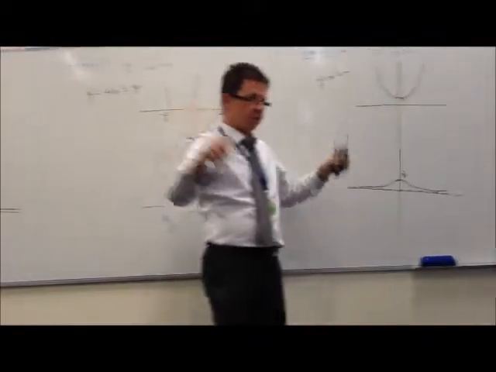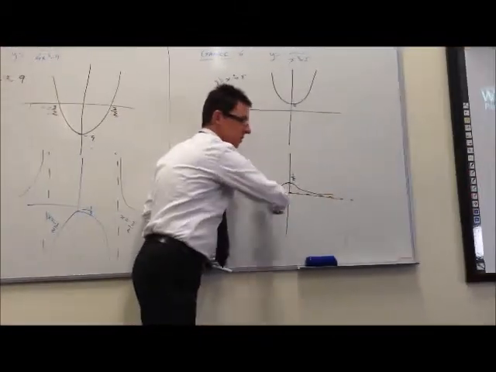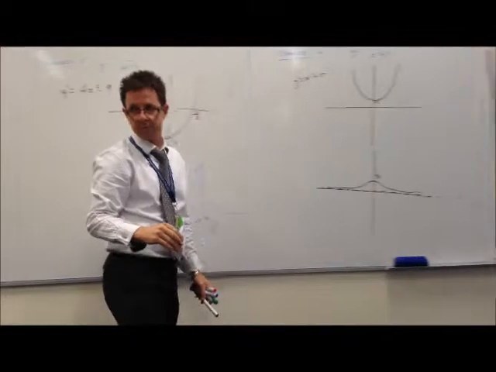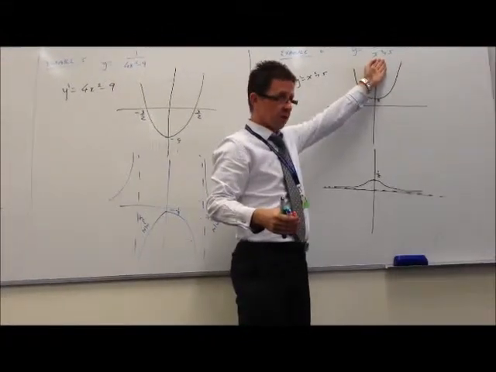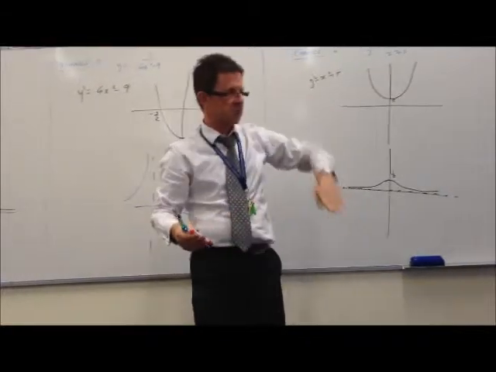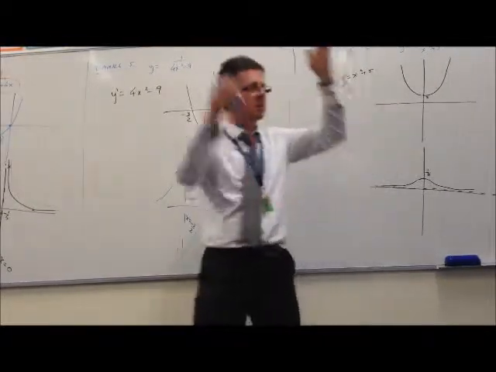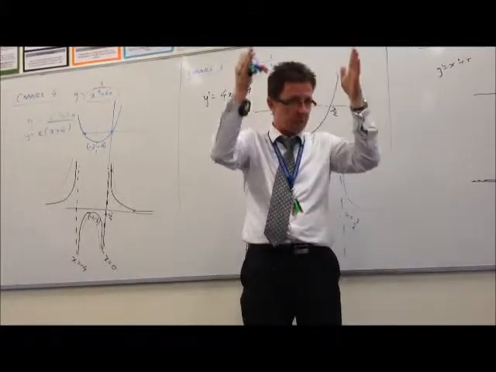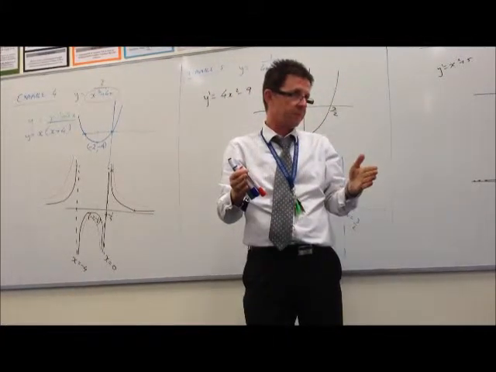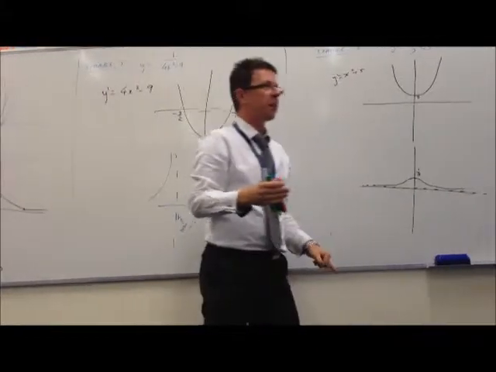It's a little volcano looking thing. And it approaches 0 as an asymptote. So if you can't factorise the denominator, that means there are no x-intercepts. If there are no x-intercepts, that means there'll be no vertical asymptotes. There'll still be a horizontal one always, but there won't be a vertical one. And then you just get the little bump.